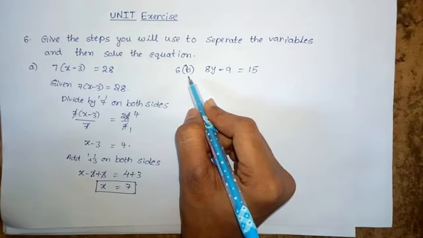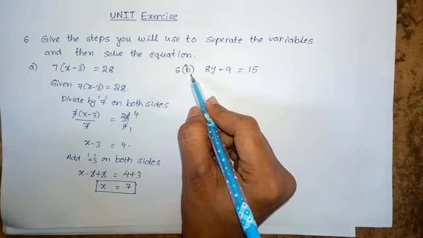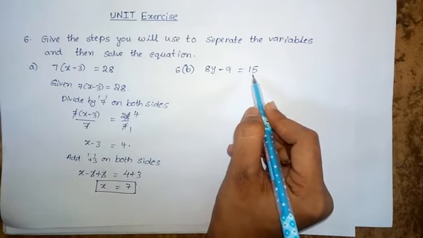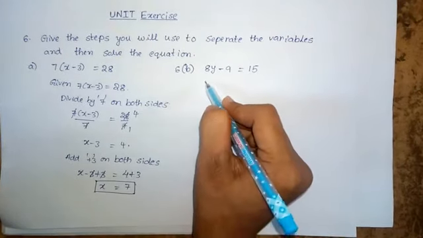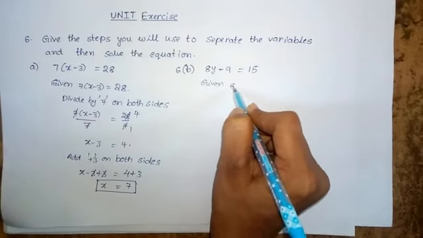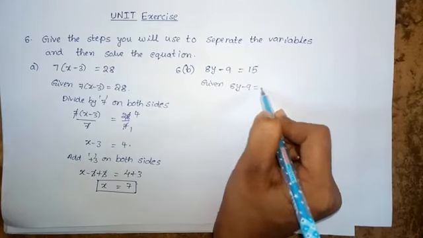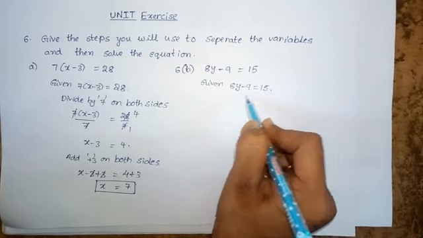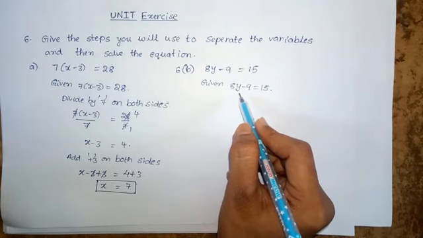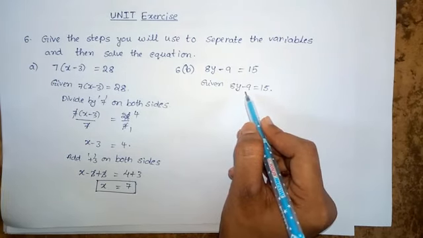Next problem, sixth problem B. 8y minus 9 it is equal to 15. So write given equation. Given 8y minus 9 equal to 15. So in this simple equation find y value by using separate the variables. First remove minus 9 by adding plus 9 on both sides.